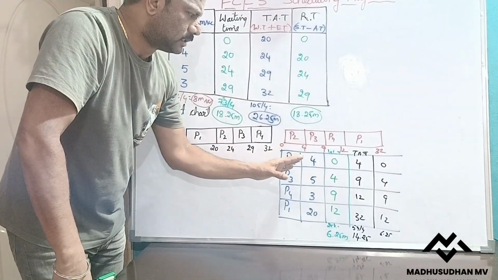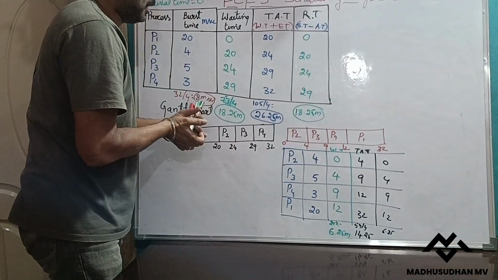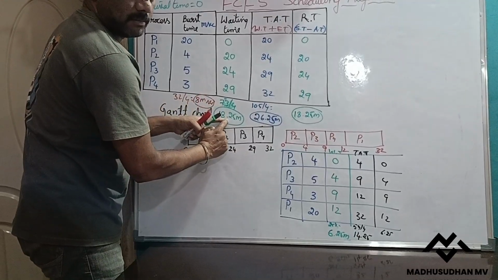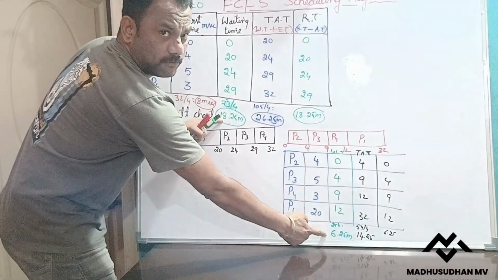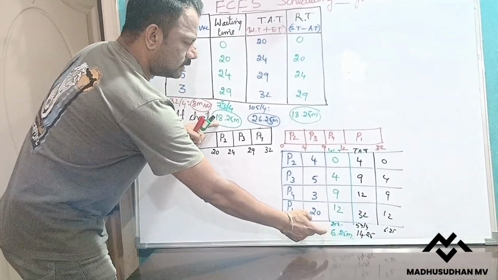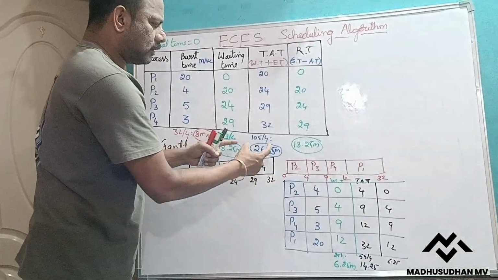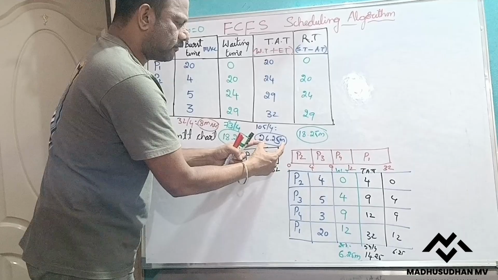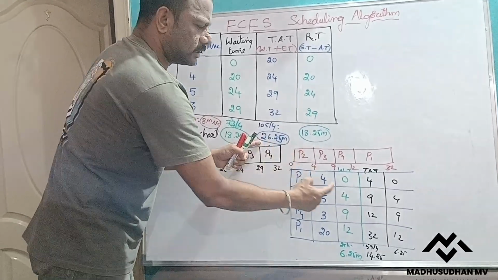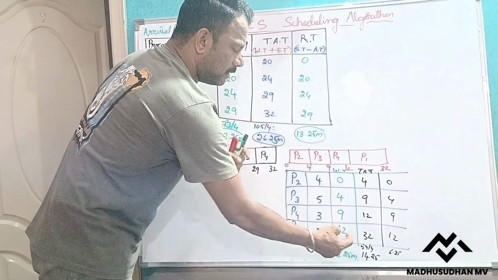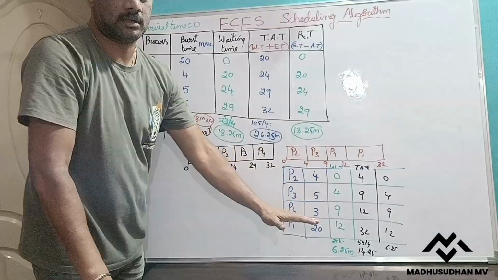Now the average waiting time is reduced from 18.25 milliseconds to 6.25 milliseconds, almost 3 times less. Similarly, the average turnaround time goes from 26.25 milliseconds to 14.25 milliseconds, almost half.